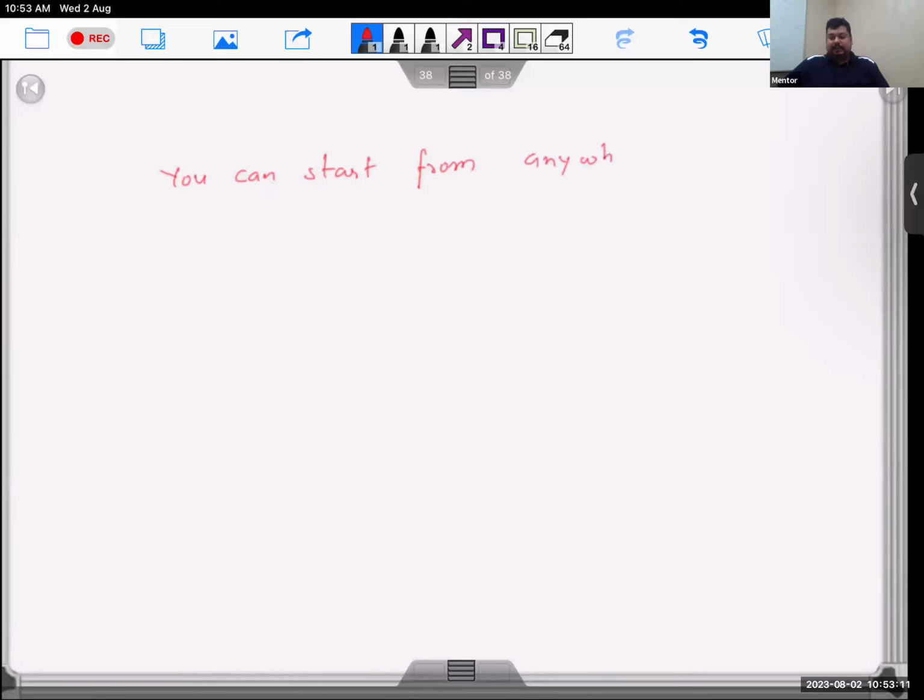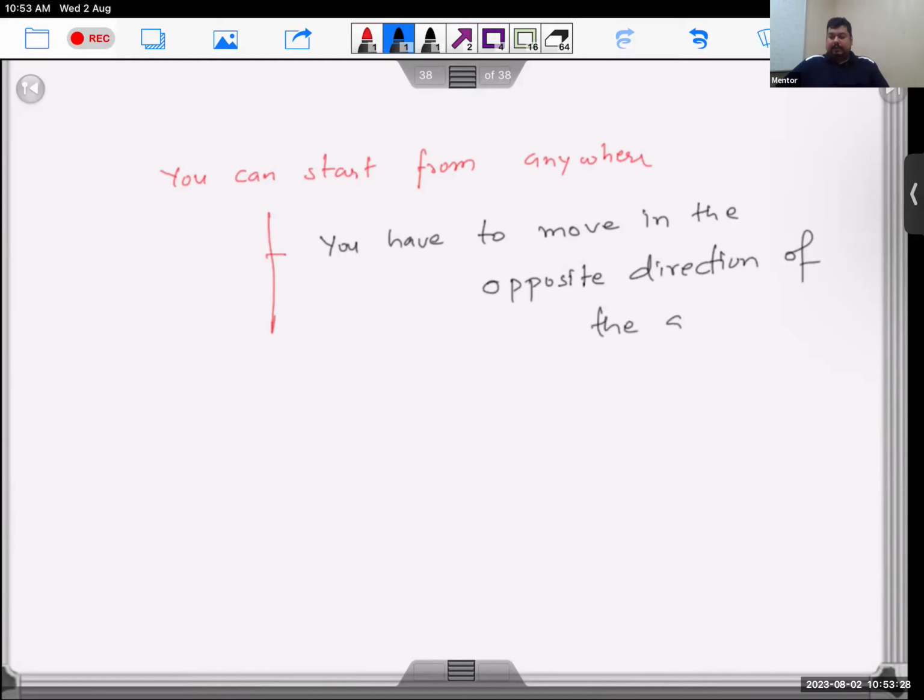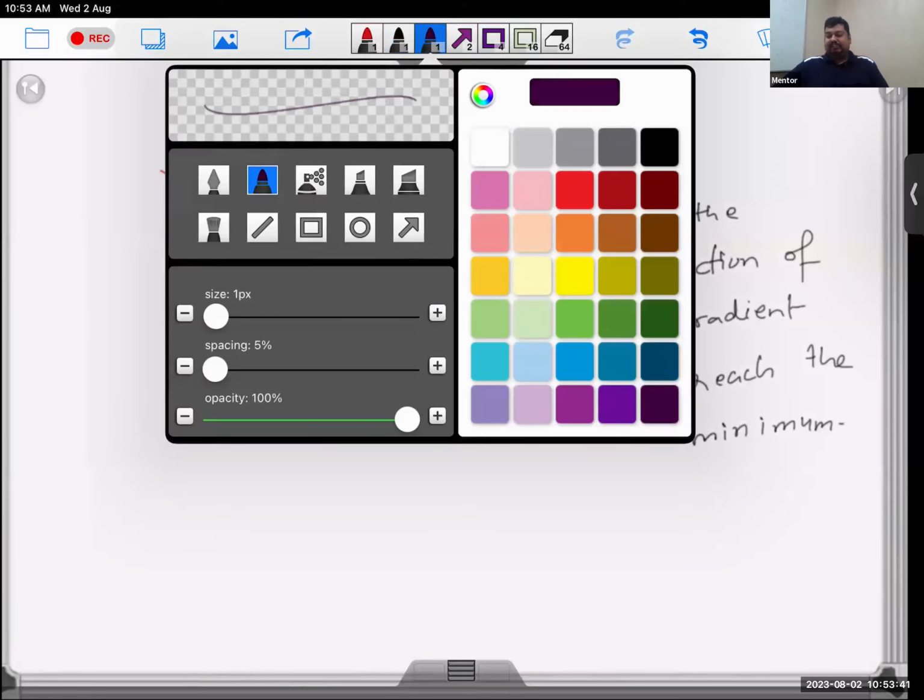You have to move in the opposite direction of the gradient to reach the minimum. You can only use this method if the function is differentiable, because we are differentiating it. Finding the gradient needs differentiability.